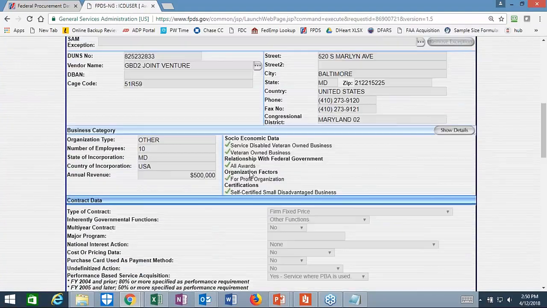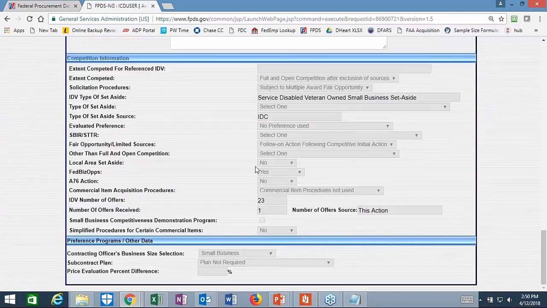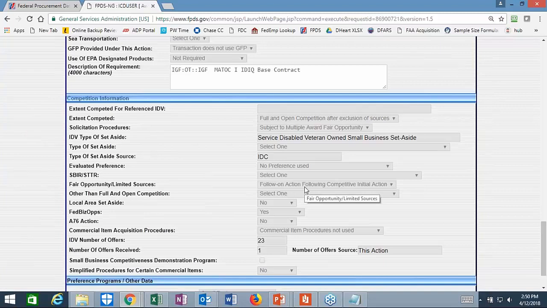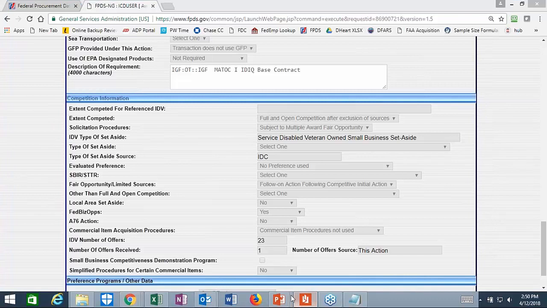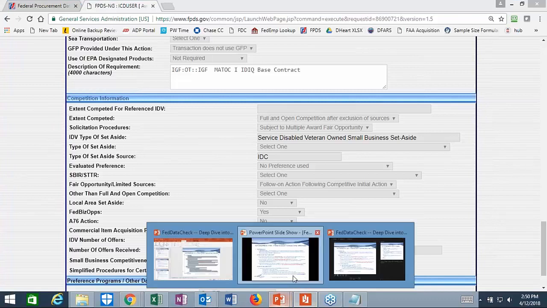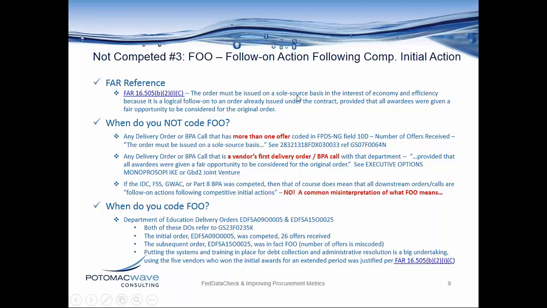Come down to the competition section. Follow-on action following competitive initial action. That's impossible. The order must be issued on a sole source basis in the interest of economy and efficiency because it is a logical follow-on to an order already issued. Well, they only have one order. So that's wrong.